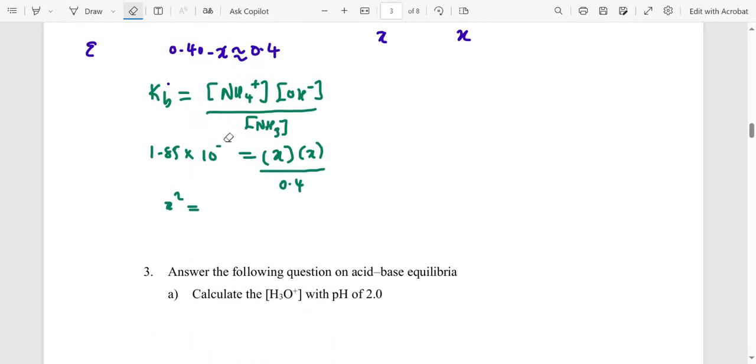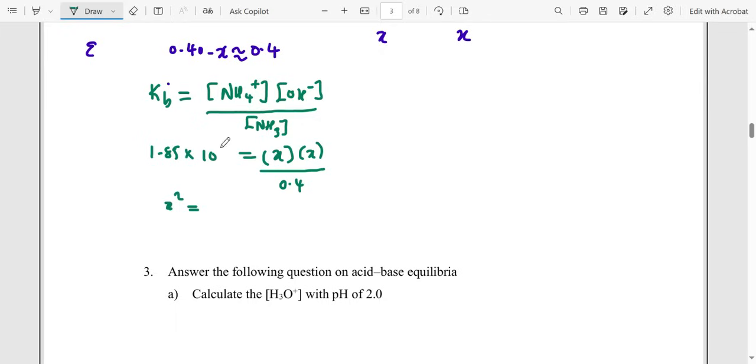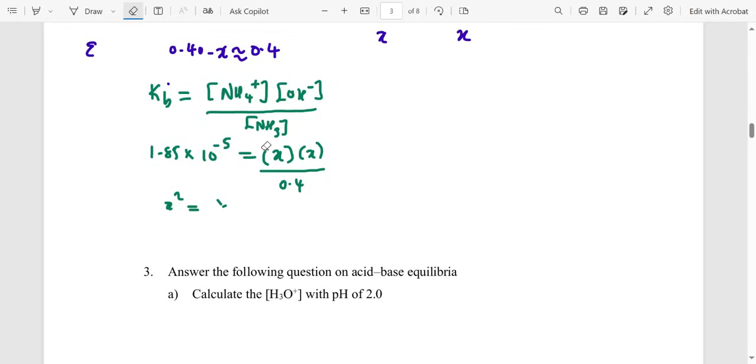Okay, so these are the ones that we are multiplying. 1.85 times 10 to the power negative 5 multiplied by 0.4. This is going to give us 7.4 times 10 to the power negative 6.